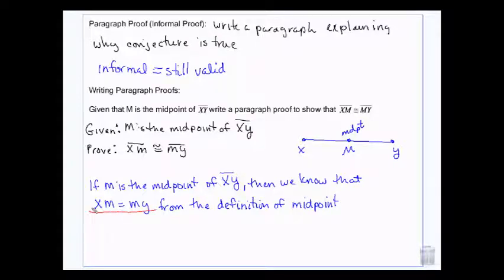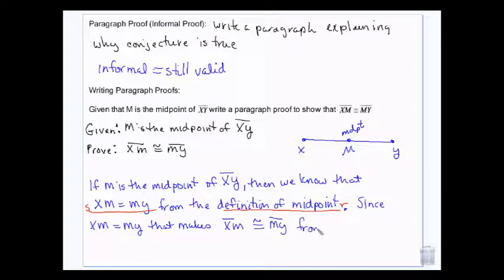This is a statement. This is a reason. Okay, my statement is that XM is equal to MY. My reason is it's the definition of midpoint. Okay. All right, then from there, I can say that since XM is equal to MY, that makes XM congruent to MY from the definition of congruent.